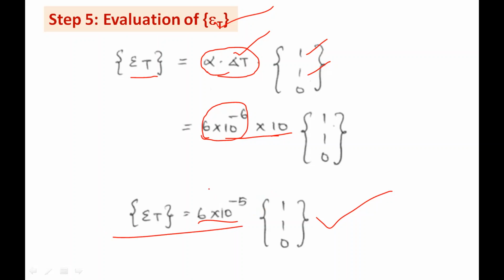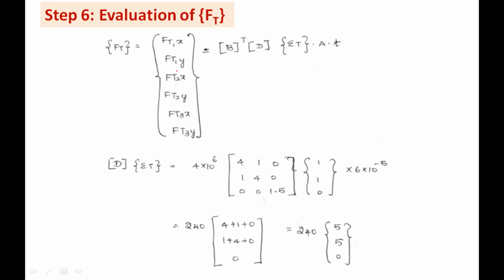We can calculate the thermal load. Let us see. The thermal load Ft is equal to components of Ft, because it is a CST element, triangular element. For each node we will have two components of forces. So at node 1 we will have Ft1x, Ft1y, and for node 2 we will have Ft2x, Ft2y, two components.